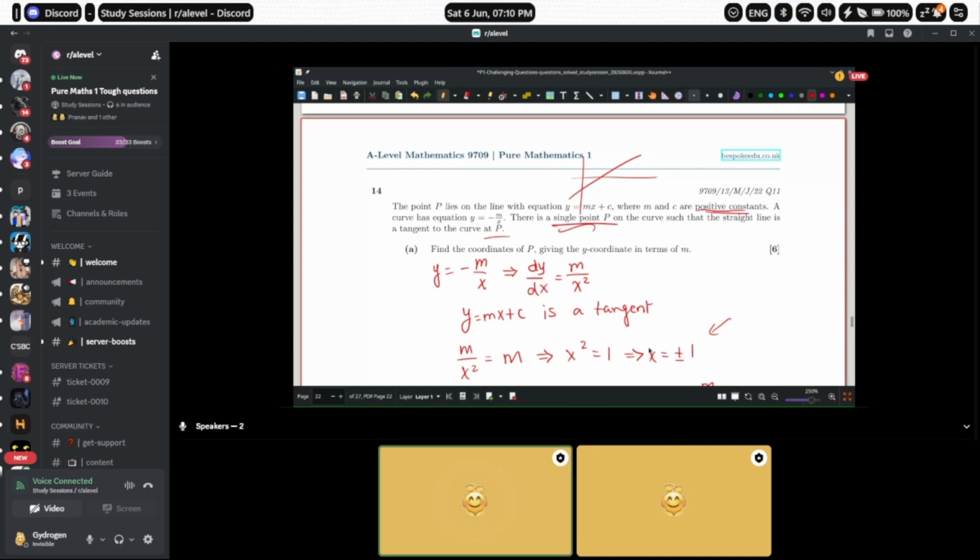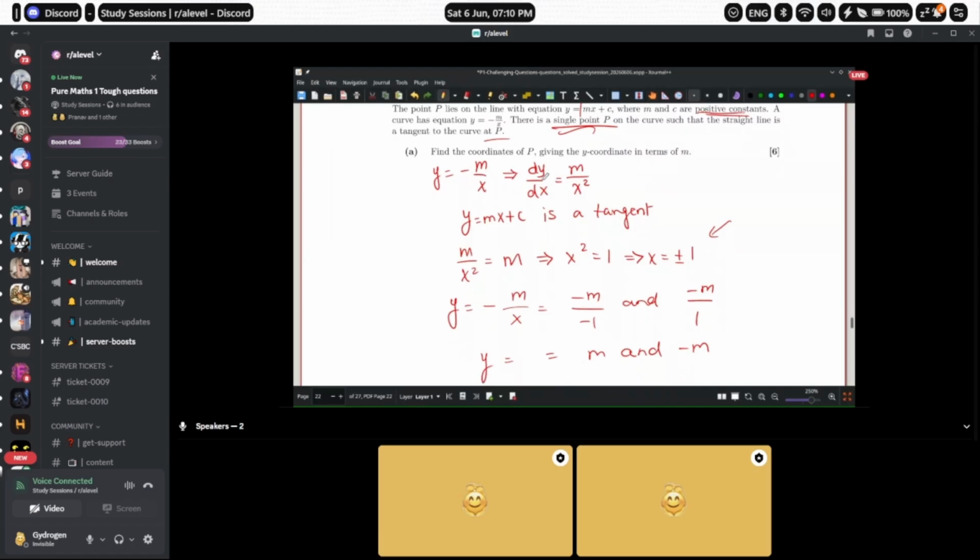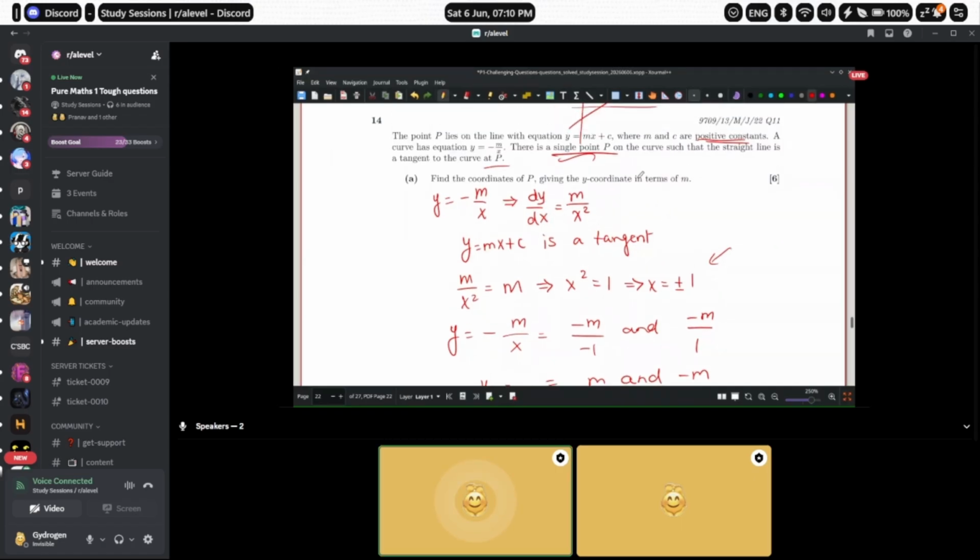Well, we know that m is positive, right? Yeah, m is positive. But x squared is positive. There's no contradiction, right?